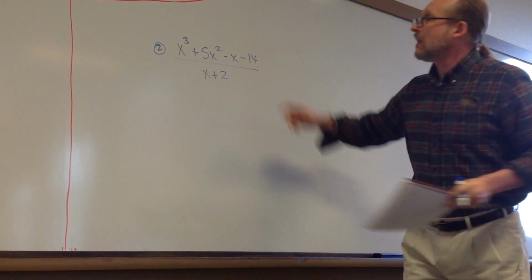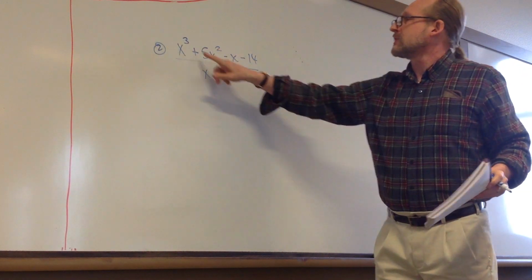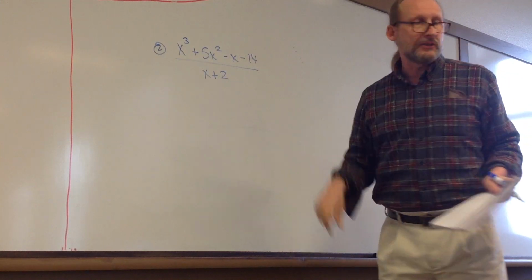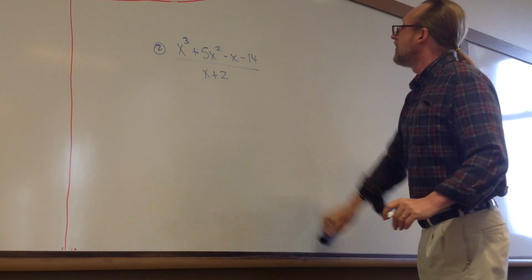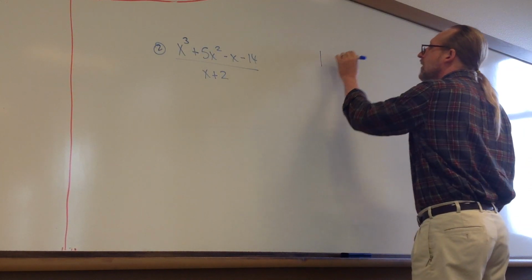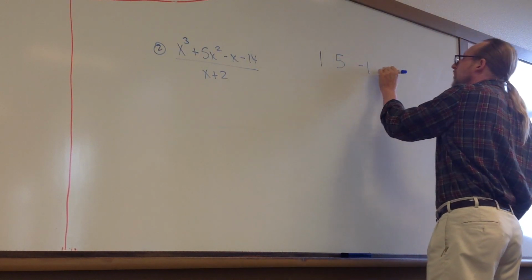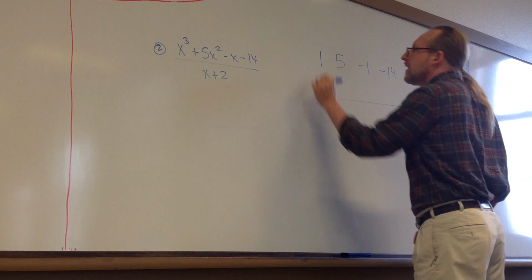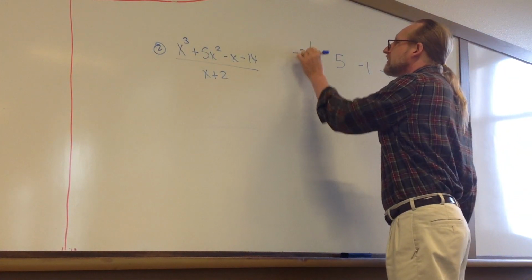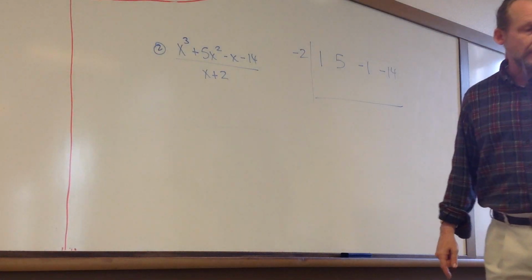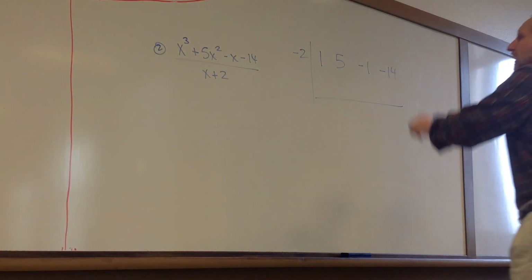Okay, so first off, double check that you've got all the powers of x. 3, 2, 1, x to the 0 power. Okay. So that means we can just strip off these coefficients, 1, 5, negative 1, negative 14. And here we're dividing by x plus 2, so in synthetic division, we'll use a minus 2 to go through this process.